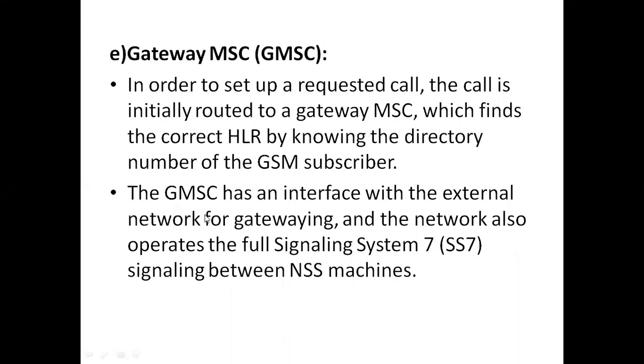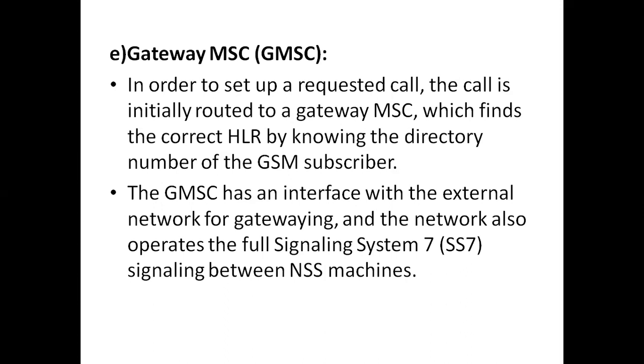Next one is the gateway MSC, that is GMSC. In order to set up a requested call, the call is initially routed to a gateway MSC. So when we make a call, the call is forwarded from our mobile station to the cell site or BSS, and that is again forwarded to the MSC, and it is routed to the gateway MSC.